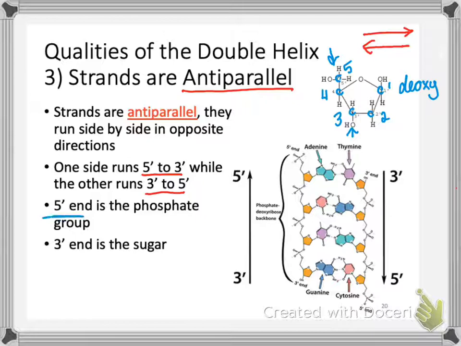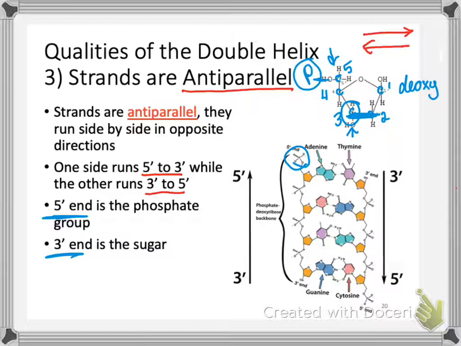The 5' end of this 5-carbon sugar is always where the phosphate groups are attached. So attached onto this OH, you would get your P. This would be your phosphate group that's attached there. The 3' end is always the bottom of the sugar. So 1, 2, 3. This flat part of the sugar is always the 3' end.